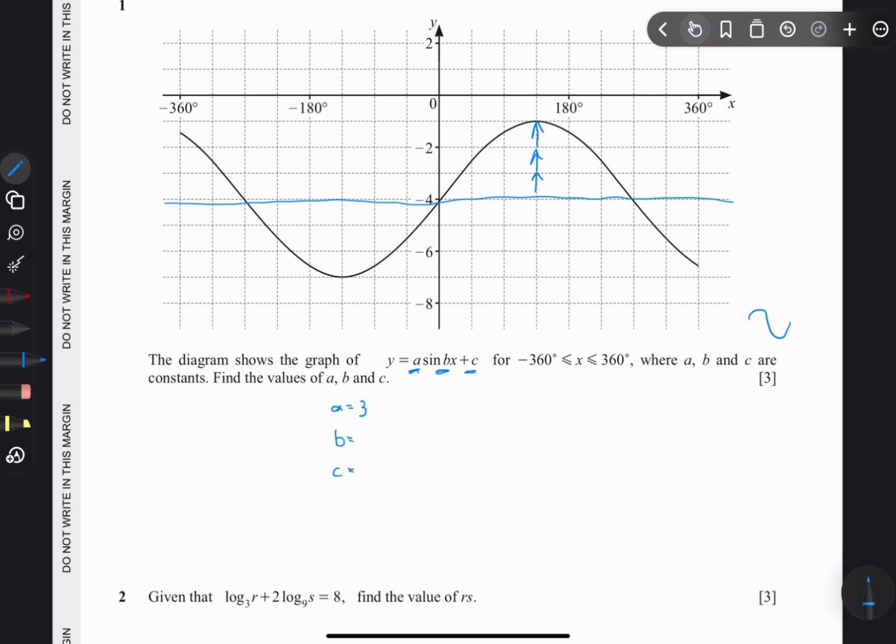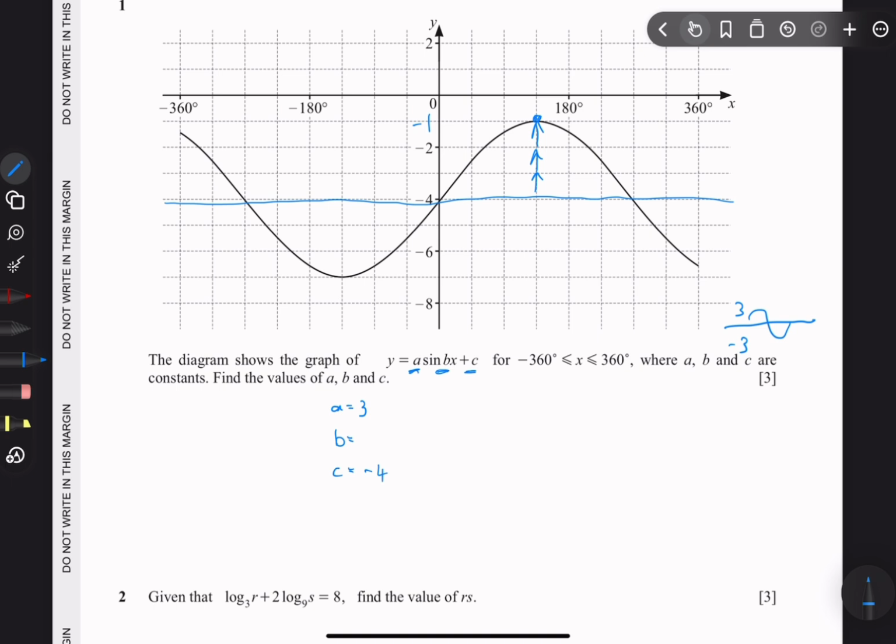To figure out c, you know that initially the graph will be 3 minus 3, and this is the middle line. But since the top of the graph is now at -1, which is this point, the graph has shifted down by 4 points. So it will be -4 because negative means that the graph has shifted down.